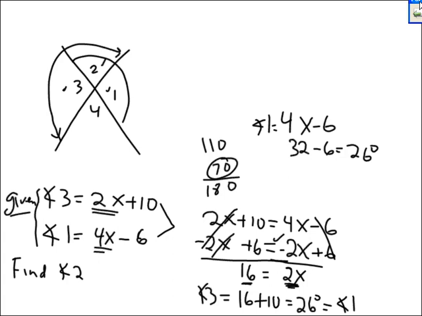All right, so if you want to know what angle 2 is, angle 2 plus angle 1, which is 26, should add up to 180. 4 plus 6 gives you the 0. Carry the 1. 1 plus 2 is 3. But you want 8. Okay, add 5. Now you have the 8.